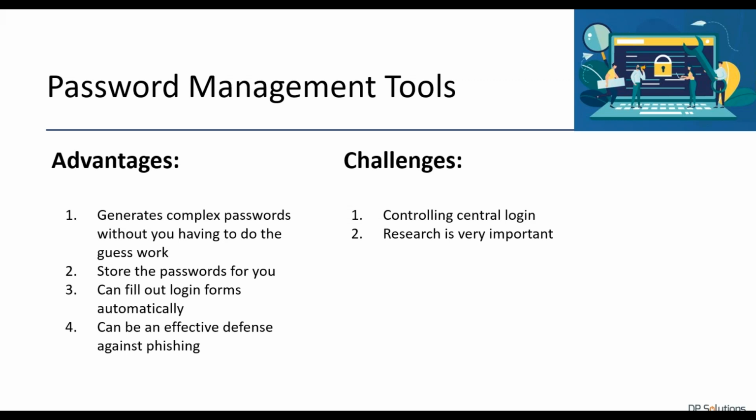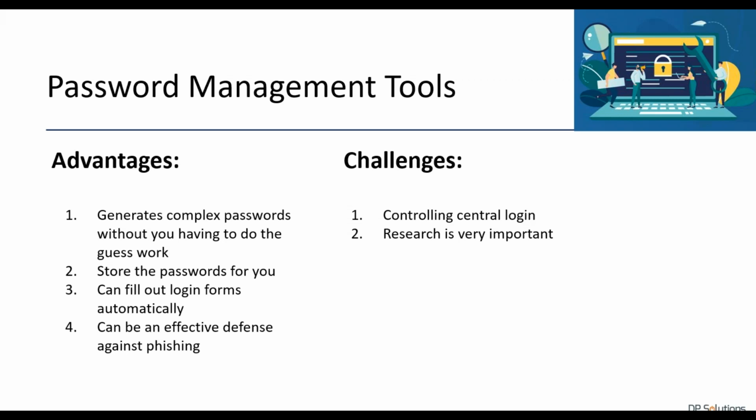Research is very, very important. This applies not just to password management tools, but to these personal VPNs you see all the time. We need to trust this vendor a lot. I'm not terribly worried when we contract with Microsoft to do hosting in Azure or Office 365. I'm not really worried about using other trusted vendors, big companies, and trusting them with our data because they're audited, they have guarantees in their agreements, and so on and so forth.